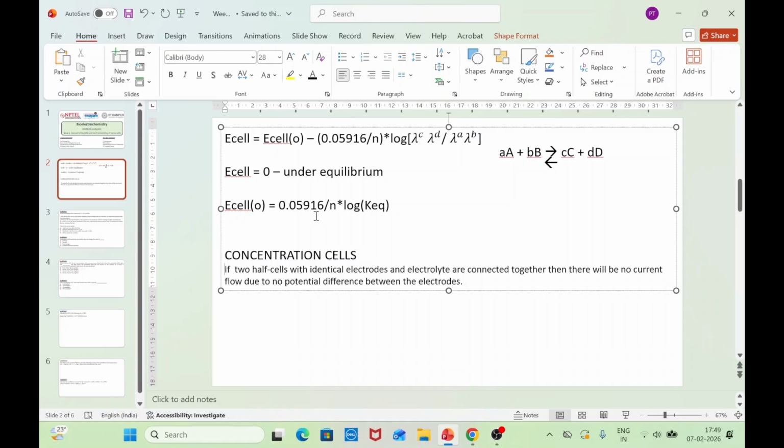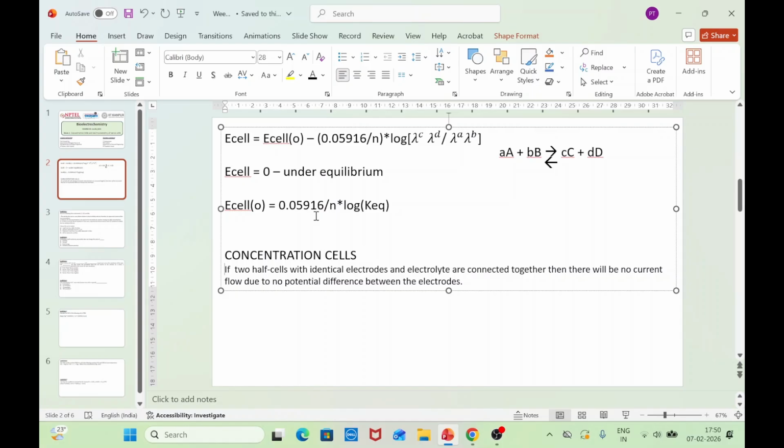Just by varying the concentration of the electrolyte, I can make sure that a potential difference is created between the half cells, which is going to help me generate electric current, and that is going to help me extract electrical energy from the electrochemical cell.